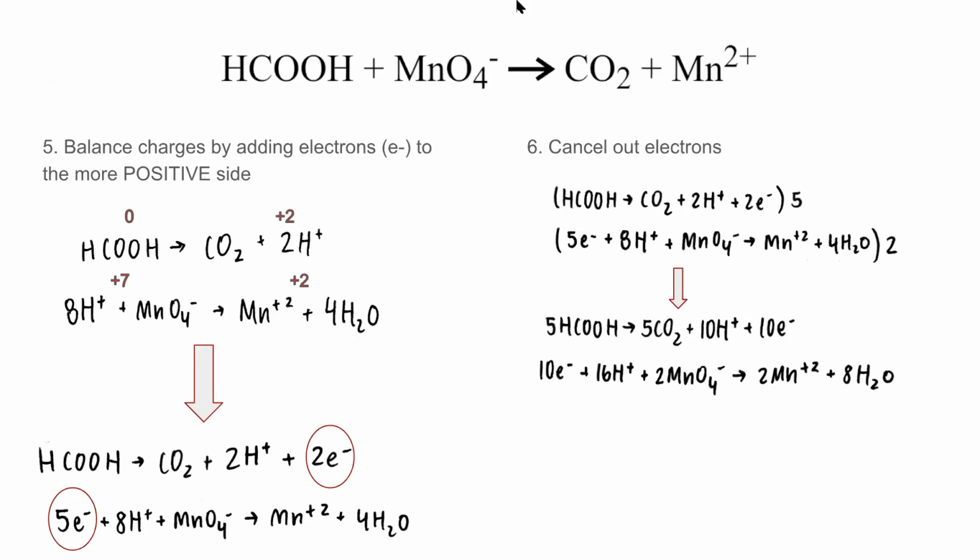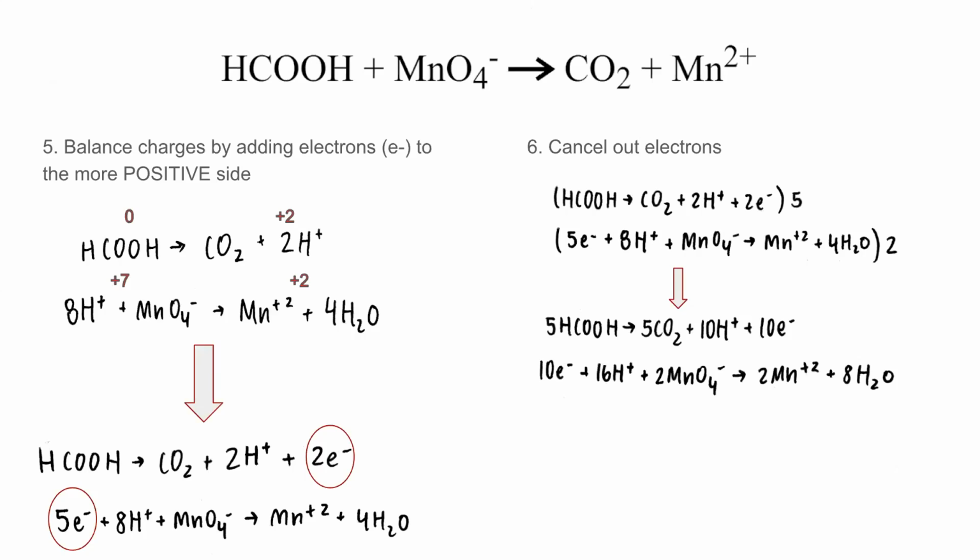Finally, we're going to need to balance the charges by adding electrons to the more positive side. To do this, it's a good idea to keep track of the overall charge on the left side and the right side for your half reactions. For our first one, we have a neutrally charged molecule, and on the other side, we have 2 H+.